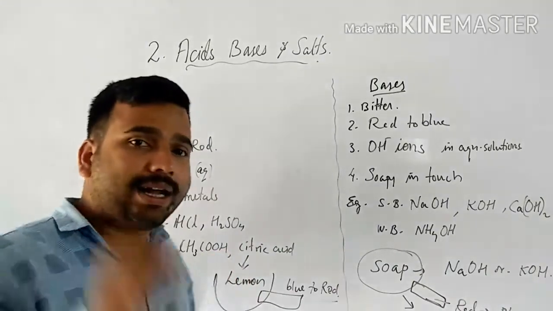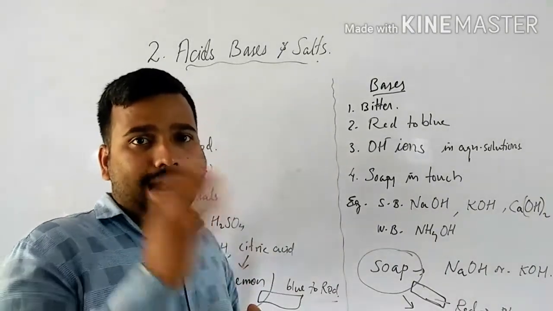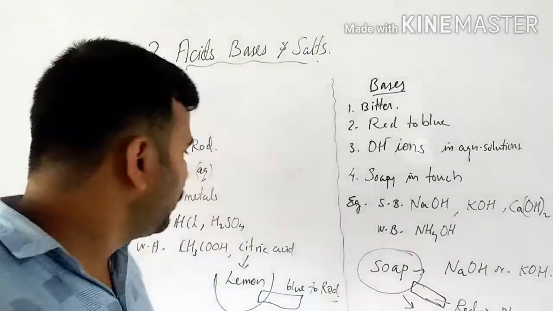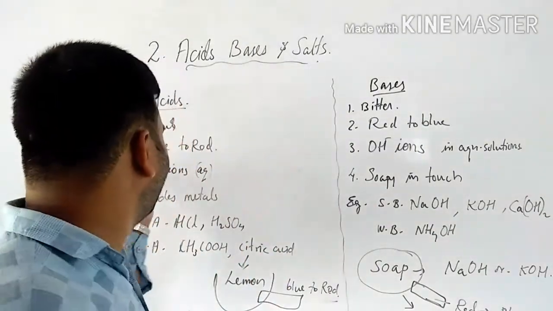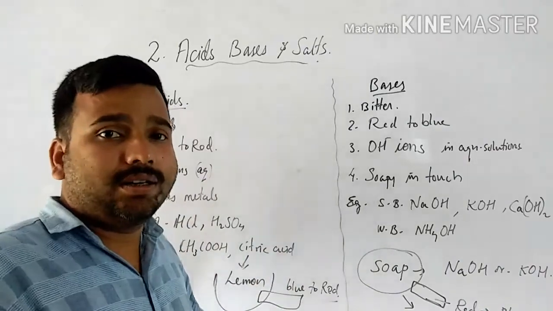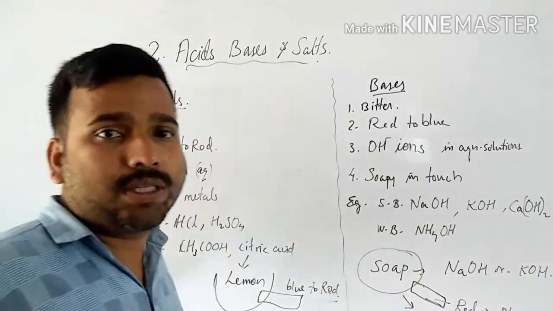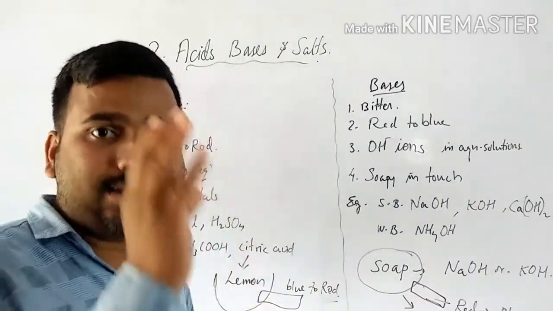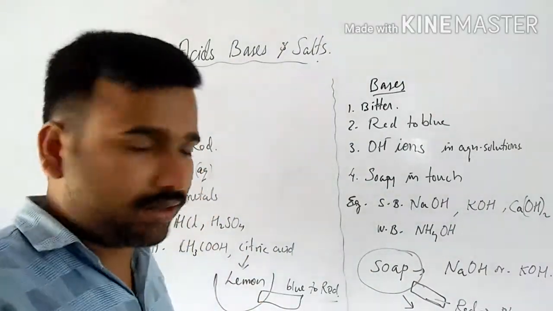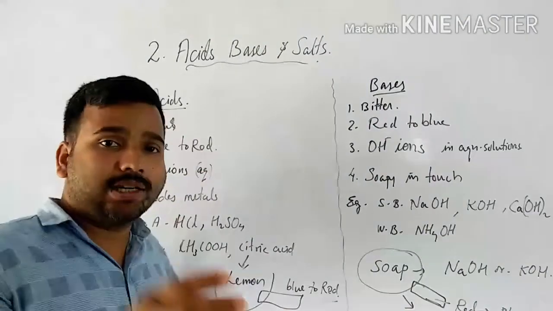In that also, hydrogen is present. So hydrogen is common to all the acids. So we can define an acid in terms of the ability of the substance to produce H plus ions when the acid is dissolved in water. So that's the third point.